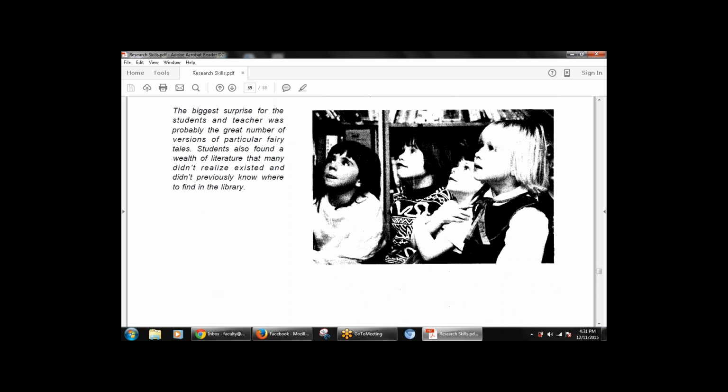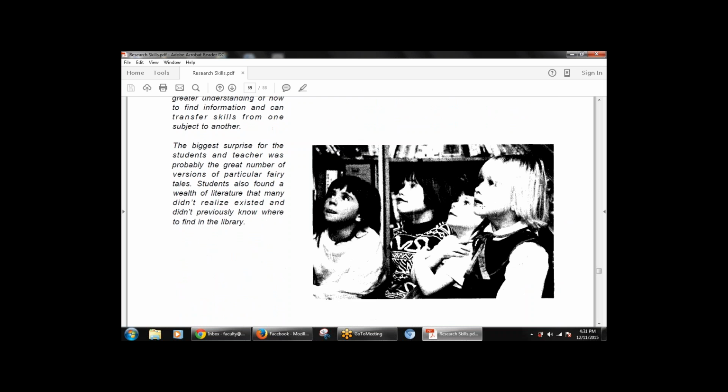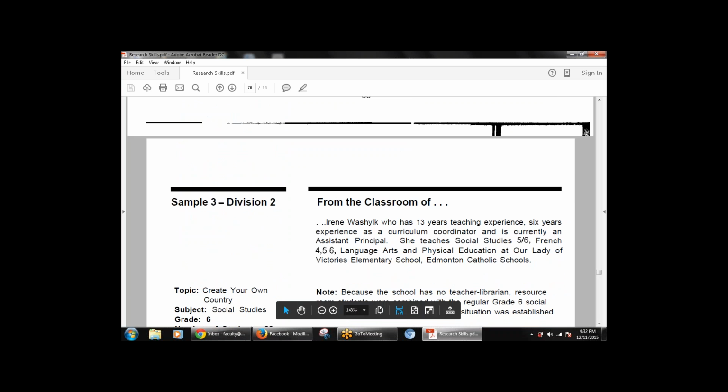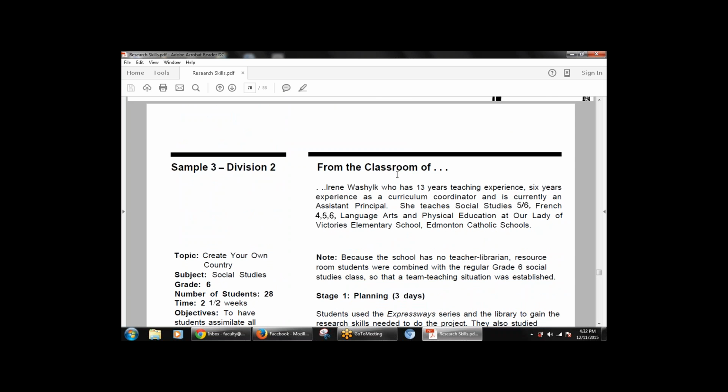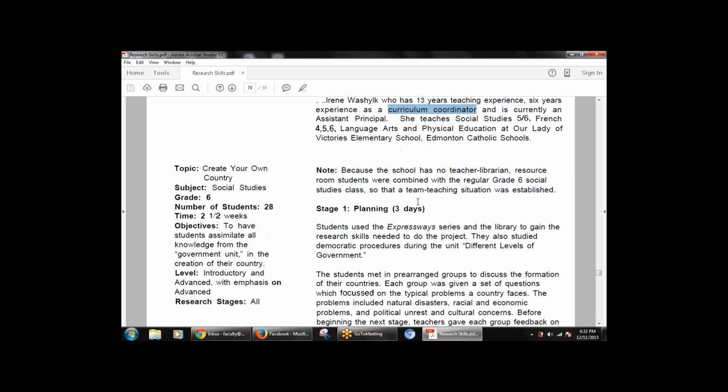So this is one of the activities, one of the samples given from the classroom. Then the next sample, sample 3, is from the classroom of Irene Washing, who has 13 years of experience, 6 years as coordinator, and so on.